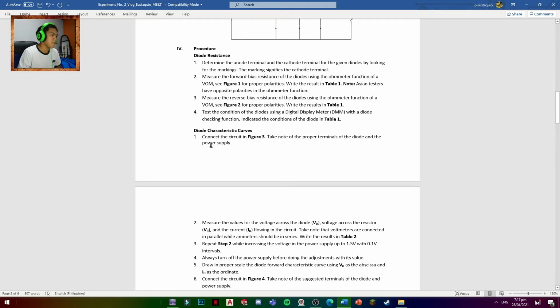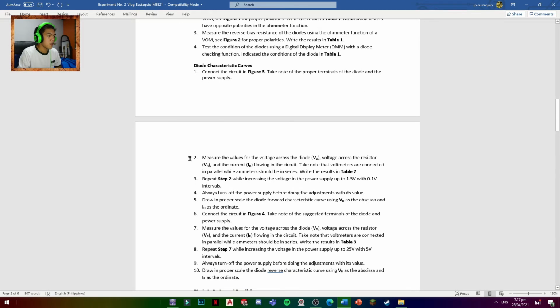Number 1. Connect the circuit in figure 3. Take note of the proper terminals of the diode and the power supply. Number 2. Measure the values for the voltage across the diode VD, voltage across the resistor VR, and the current ID flowing in the circuit.